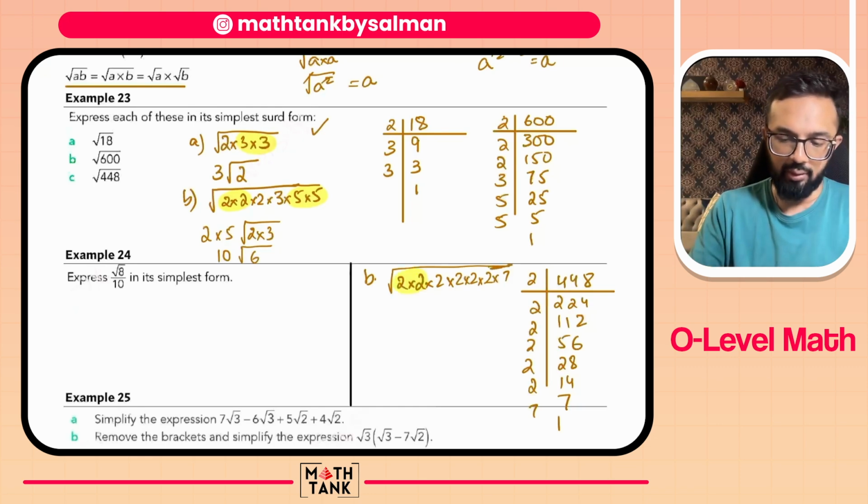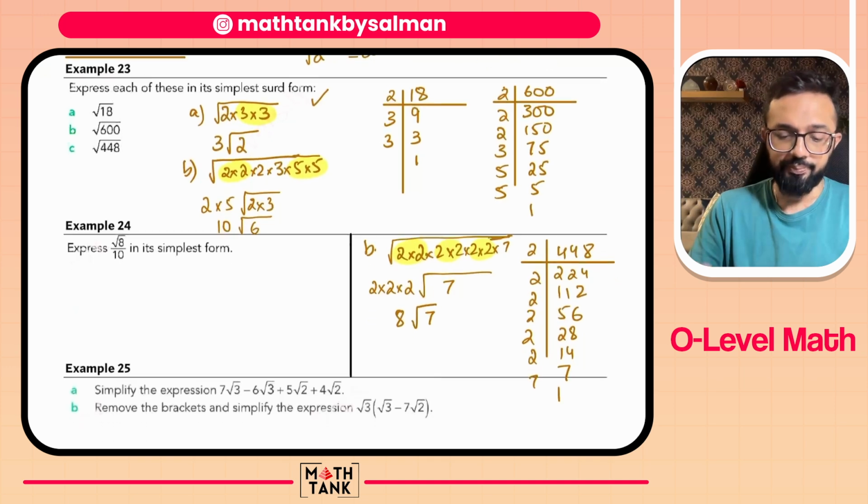This number forms a pair, another forms a pair, and another forms a pair. The pairs combine to form one each, so there are going to be 3 twos outside, and the 7 is left inside. That makes a total of 8 root 7. I hope that's clear to everybody.